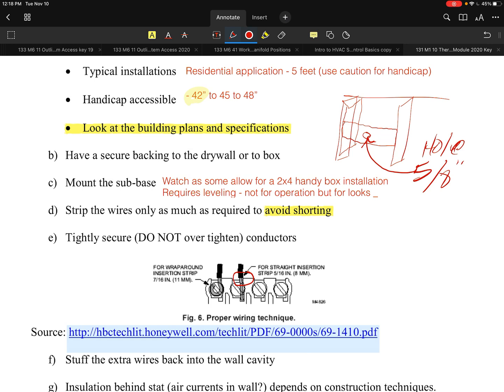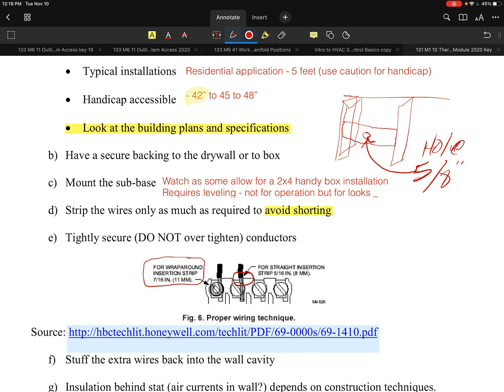Usually they will have what they call a strip gauge, and they will identify specifically how much you need. Like on this one, they're saying for a wraparound installation, they wanted 7/16 of an inch, and if it's a straight in, you don't need as much. If you strip too much off, maybe you trim a little bit of the wire. That's the typical way you would look at that.